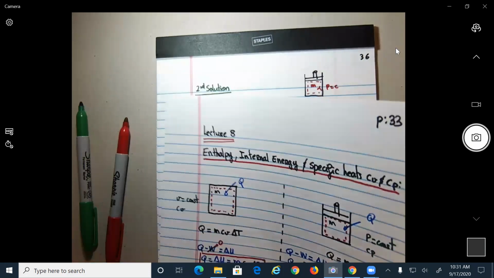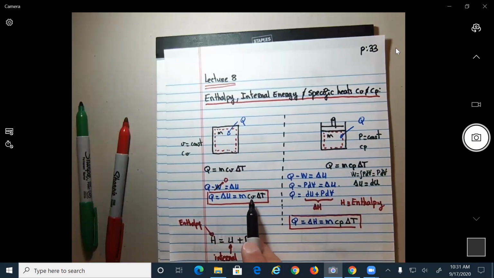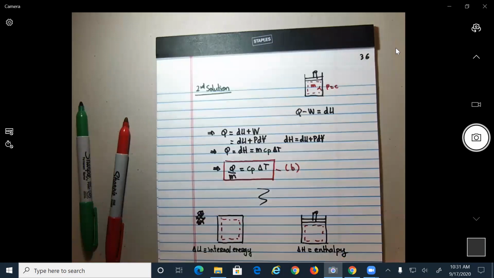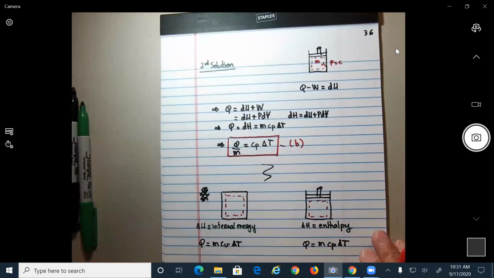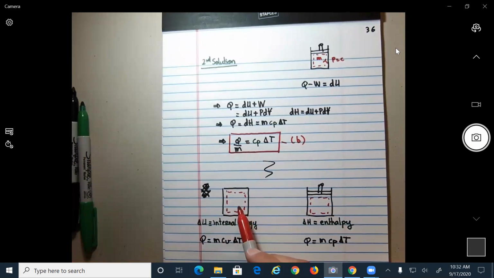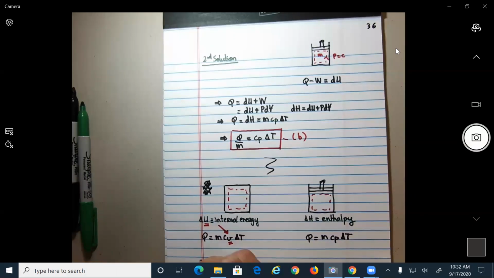That Q is equal to the change in internal energy, equal to m CV delta T. In this case, we have Q equal to m CV delta T, and in this one, we have Q equal to m Cp delta T. So what I want you to remember is that when the volume is constant, you're going to be dealing with internal energy, and if you are dealing with internal energy, you will be using C sub V. So U will be related to C sub V.